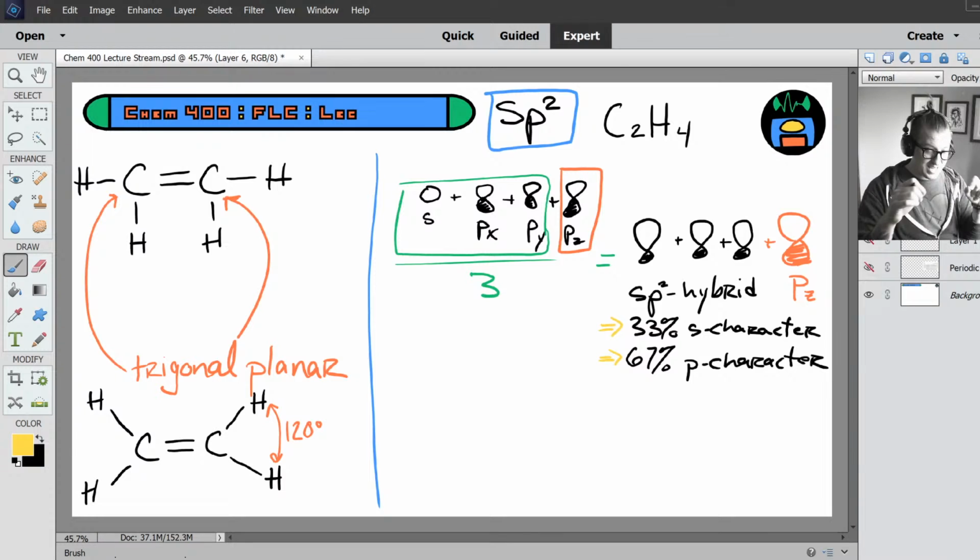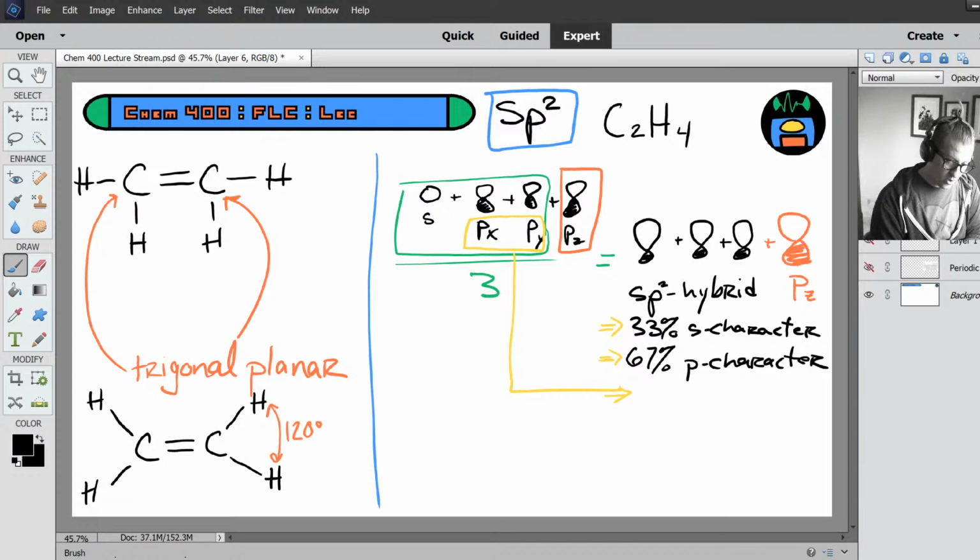Now, with the sp2 hybrids, the only orbitals used to make them that have directionality are px and py, and as a result, the sp2 hybrid orbitals are all in the xy plane.